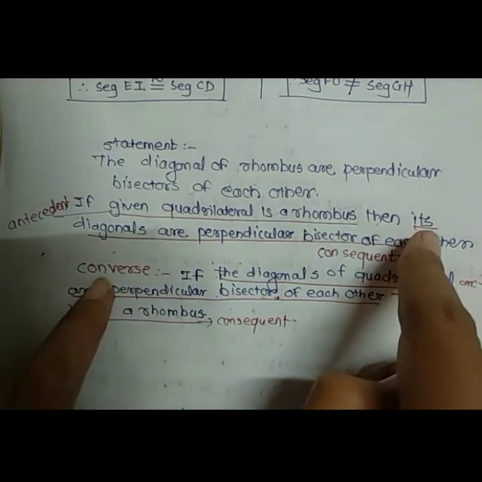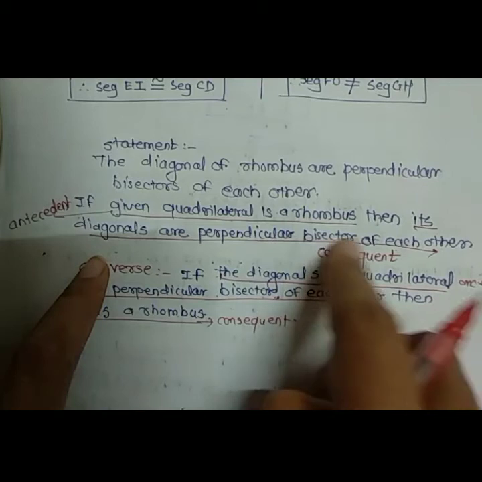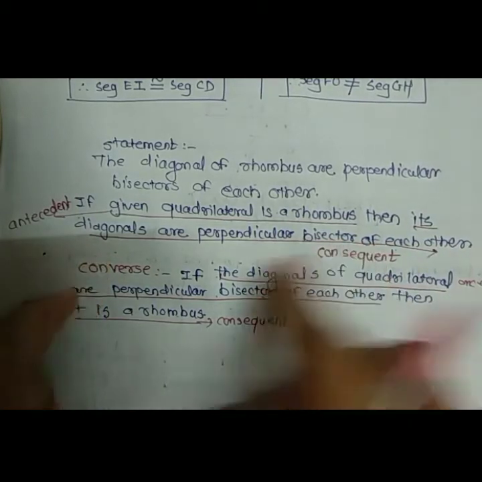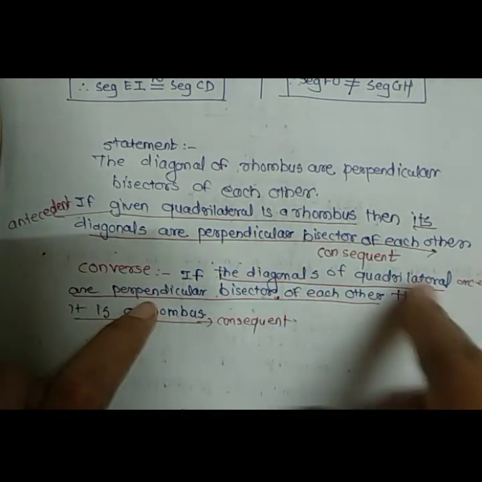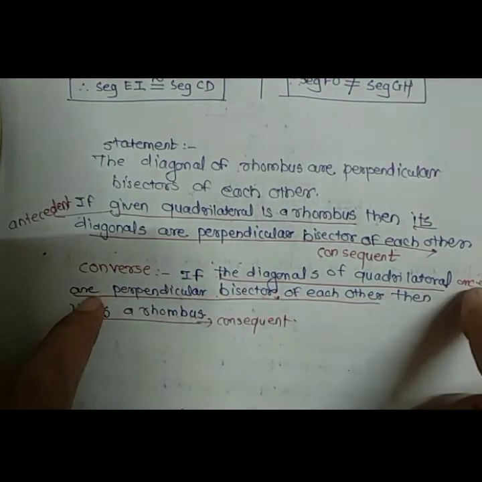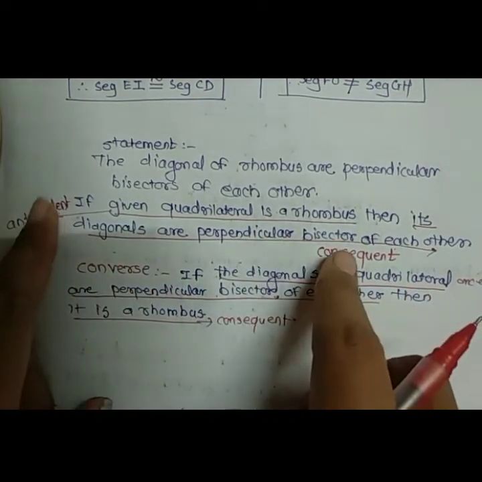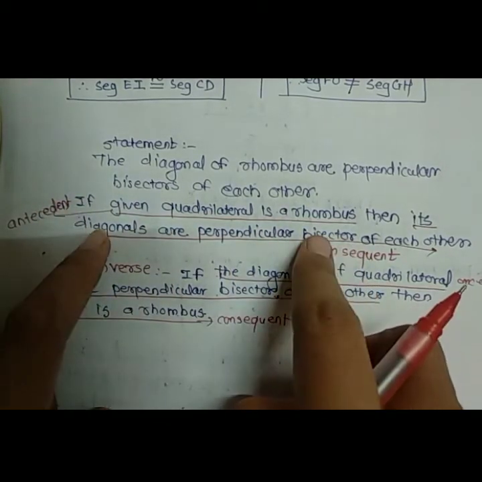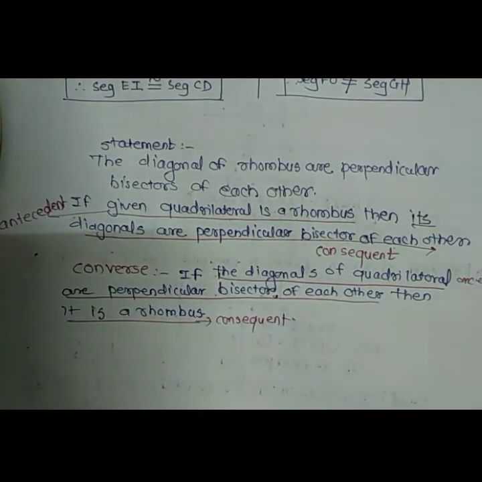In the statement, the diagonals are perpendicular bisector of each other is the consequent, and in the converse, it is the antecedent. It means the interchange of antecedent and consequent is the converse. In this example, the statement and its converse are true.